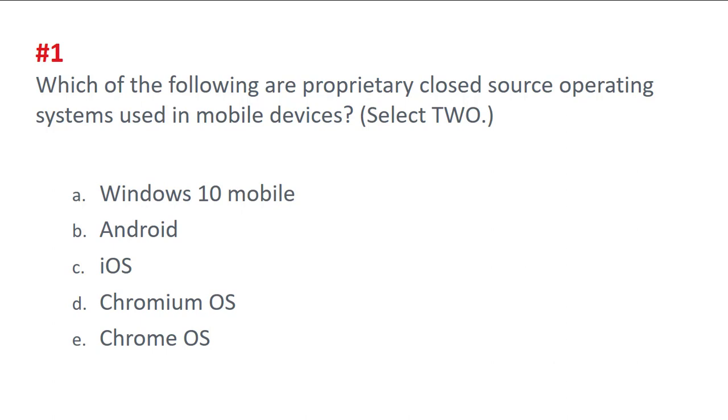As you read through those options, you should see that only 2 out of these 5 are proprietary closed source operating systems, and that is going to be Windows 10 Mobile and iOS, because as you know, everything Apple is closed. There's no ability to look at their source code.